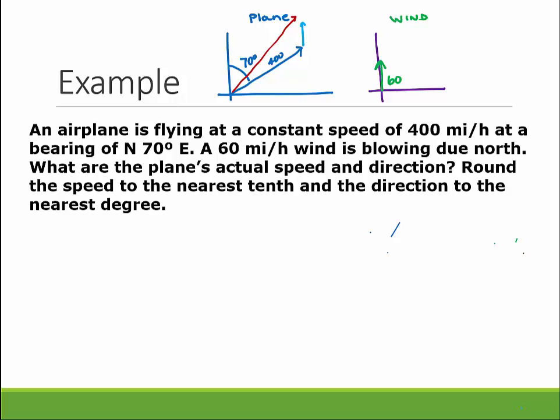It's not going to be going at 70 degrees, it's going to be going a little less, and it's going to be traveling a little faster than 400. So what we need to do is find what that red vector is. So in order to do that, let's take a look at just the plane part. So I'll erase these. We can figure out the component of both of these. So that's what we're going to do. Find components.